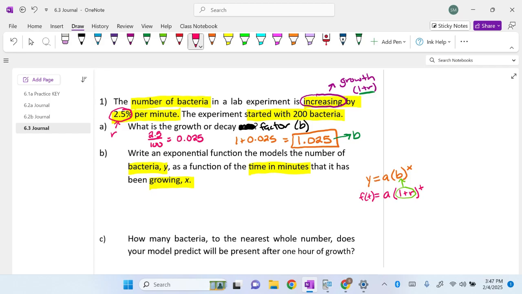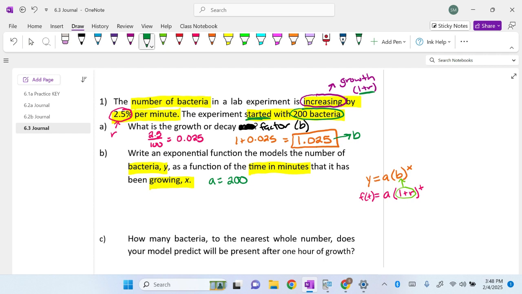So we're just going to plug in all the stuff that we know. First off, we need to discern our A value. Remember, your A value is your starting amount, which if we go back to the original problem, is that they started with 200 bacteria. So A is equal to 200. Our B value is the 1 plus R that we did in the previous question, so we already have that.